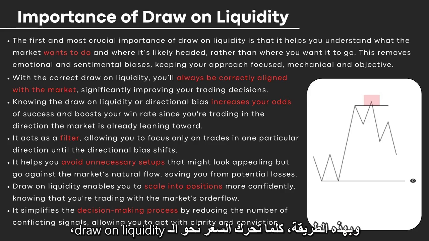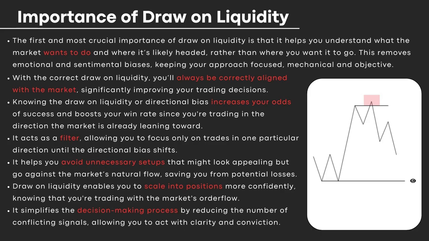And that way, as price goes towards your drawn liquidity, you'd earn a lot more profits, right? It's a much more complicated system and process than this, and has multiple variables in it. But if you have the drawn liquidity right, you can scale into positions much more objectively, and that could be really, really lucrative, right?